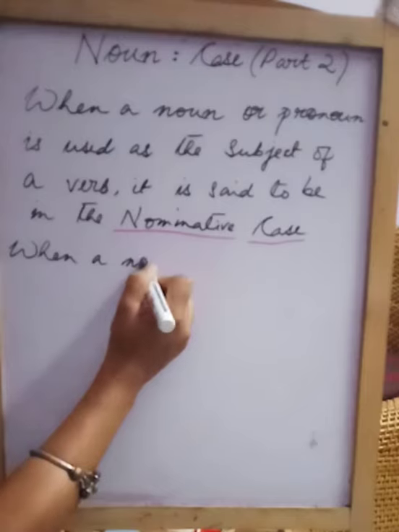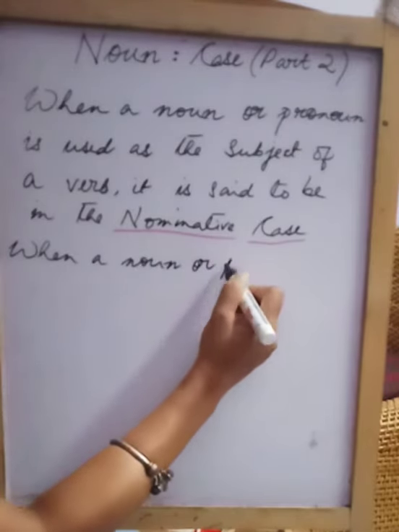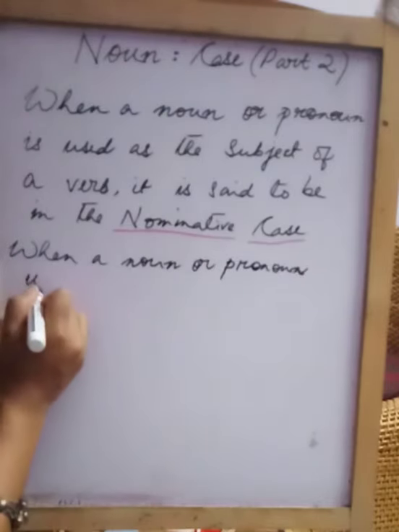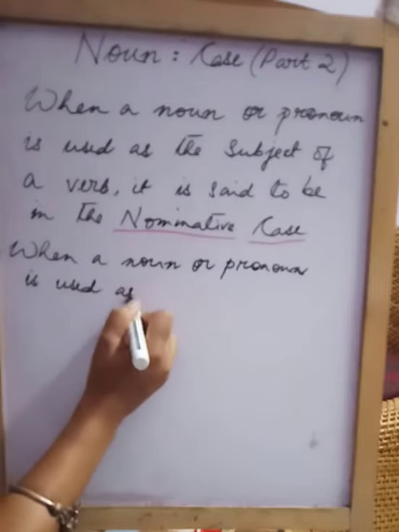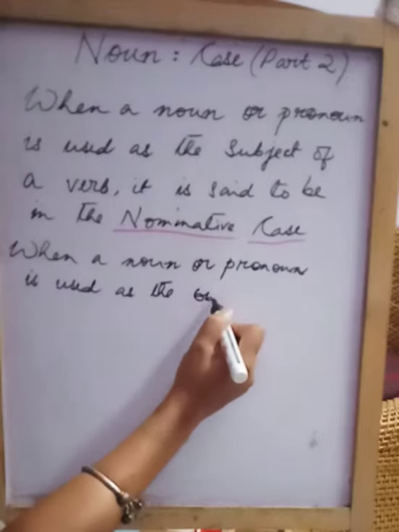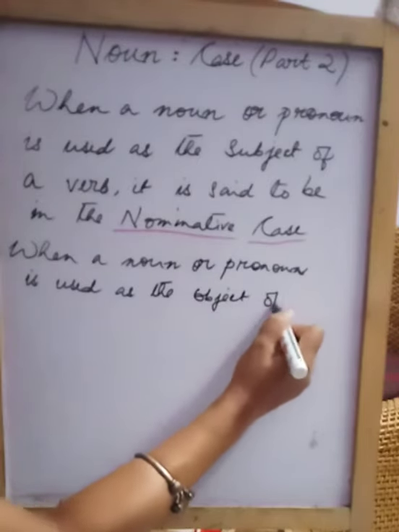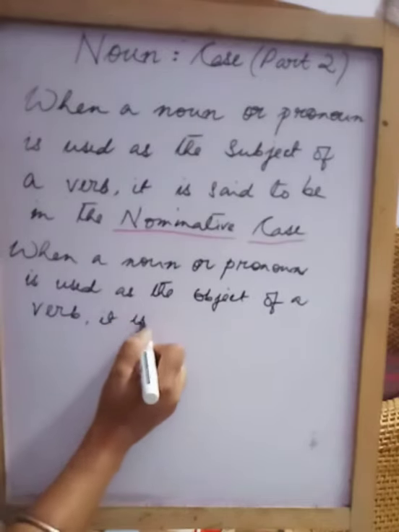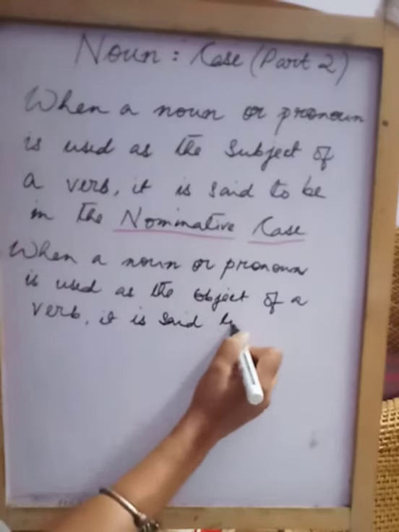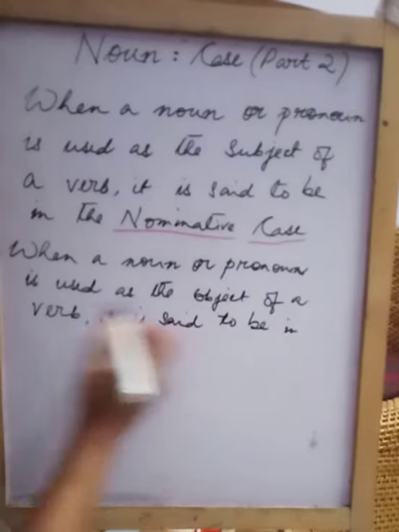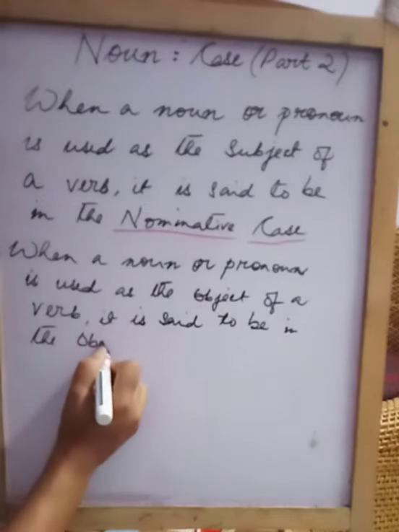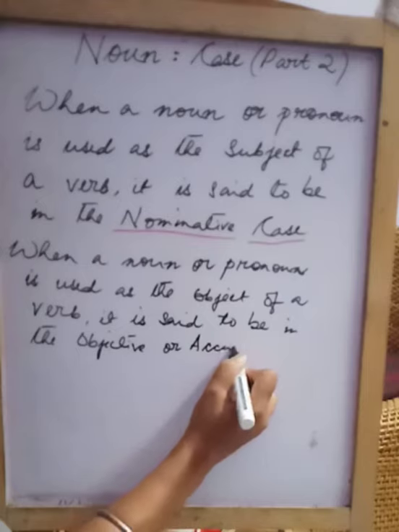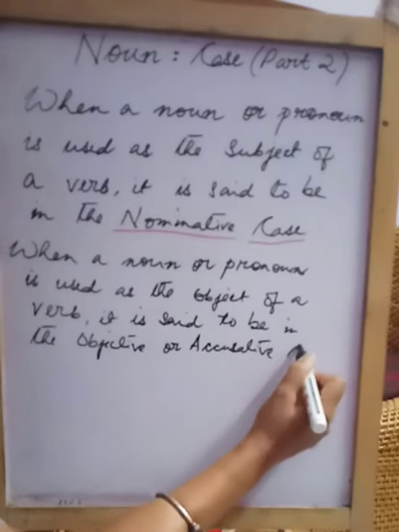When a noun or pronoun is used as the object of a verb, it is said to be in the objective or accusative case, right?